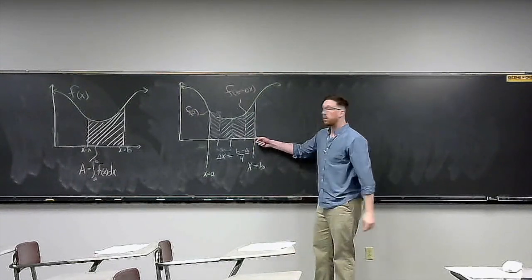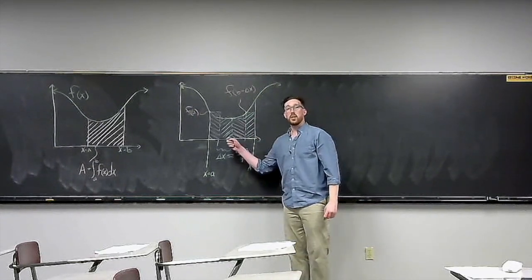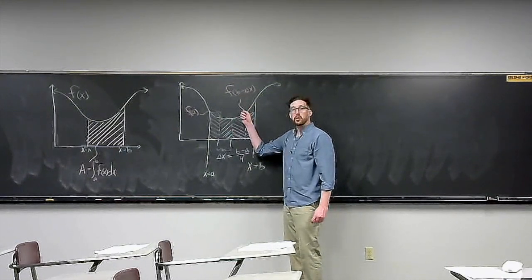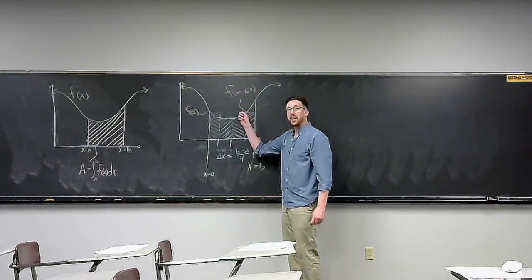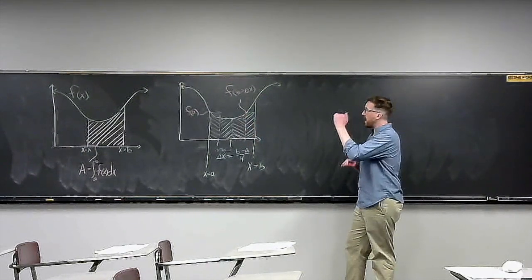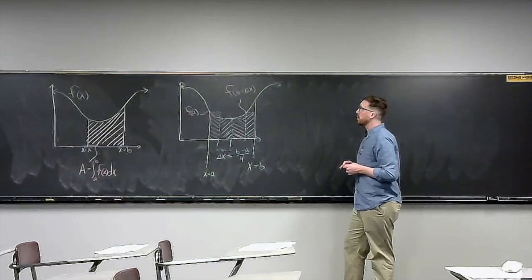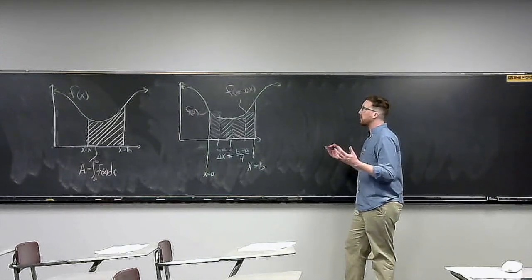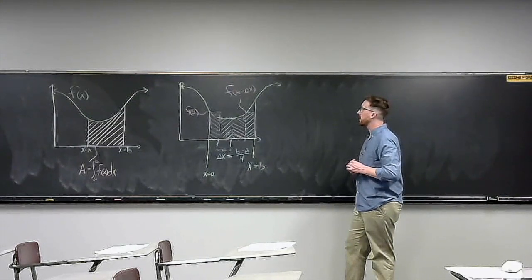Because b's over here, we're going to go 1 delta x to the left to get to that top left-hand corner, and we want the height of that top left corner to be equal to our function at that particular x value. That particular x value is b minus delta x.